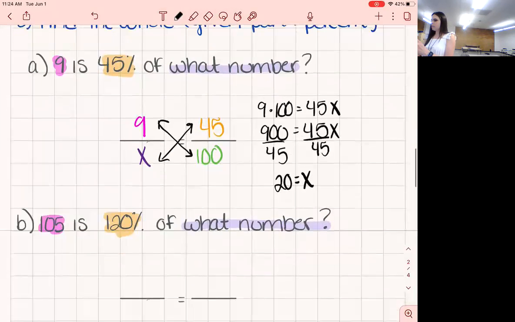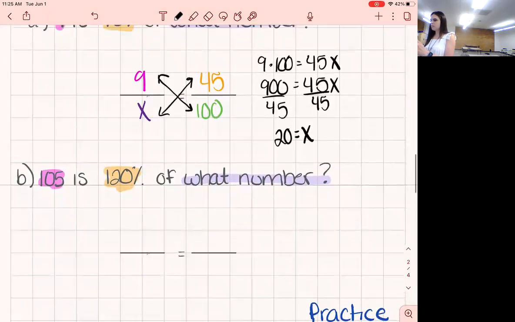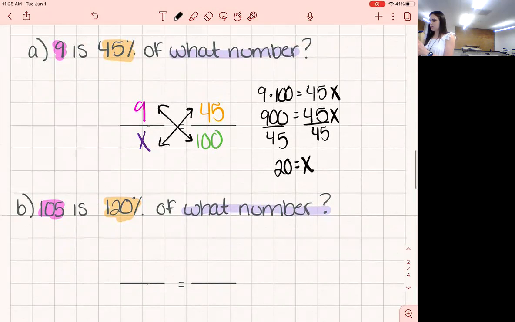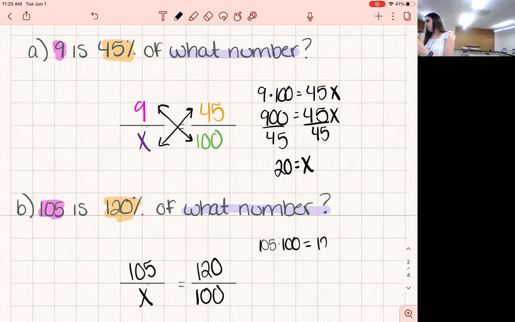If we do that one more time, setup looks like this. So 105 is 120% of what number? I know the part is 105. I don't know the whole. The percent is 120, and the bottom is always 100. So we have 105 times 100 equals 120x. 105 times 100, you just add those zeros.